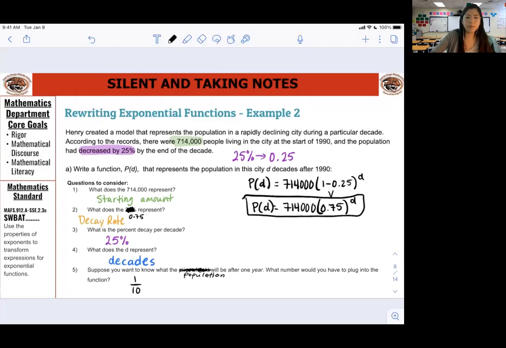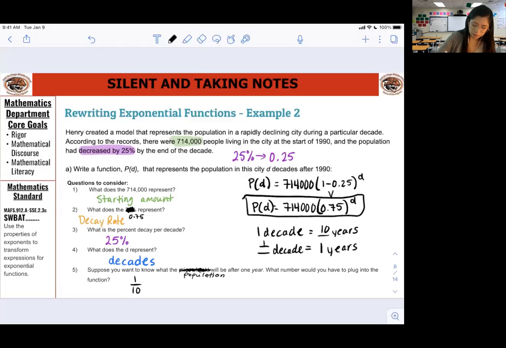See, it starts making a little more sense the more you do it. But that's the same thing, kind of similar to what we did with the month and the years. So I know that 1 decade is how many years? 10 years. Right? So going the opposite way, if I want to know how many decades go into 1 year, you just divide.